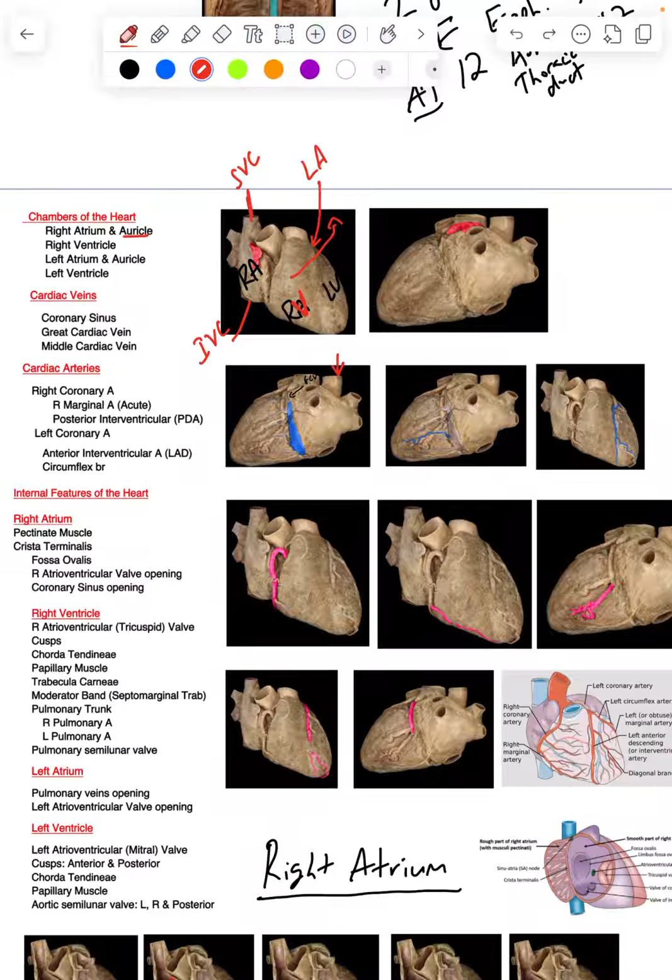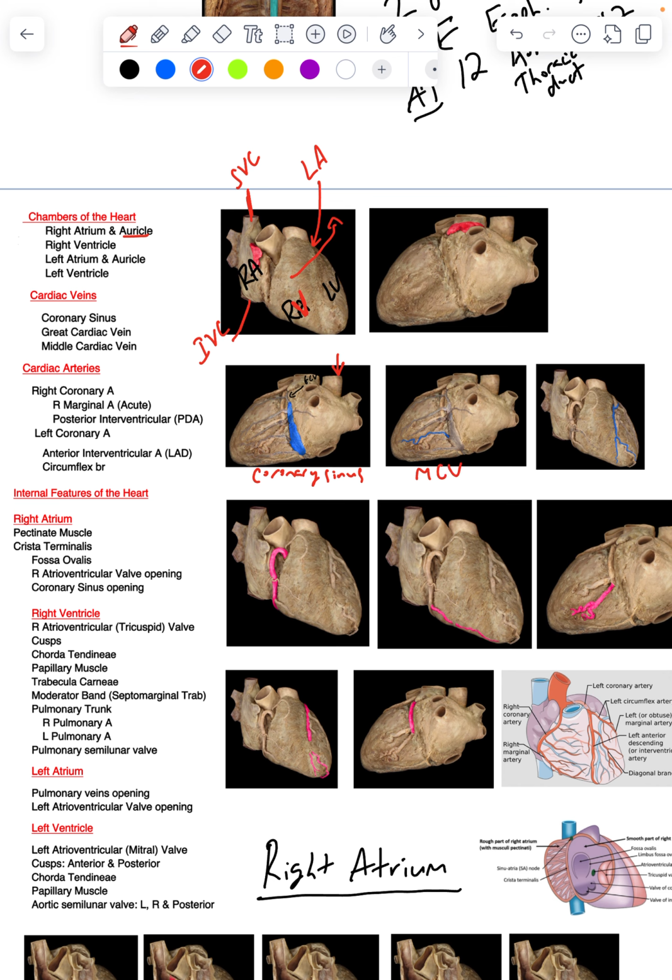So your coronary sinus has a middle cardiac vein, which is right here. So let me label these. This is coronary sinus. This is middle cardiac vein.